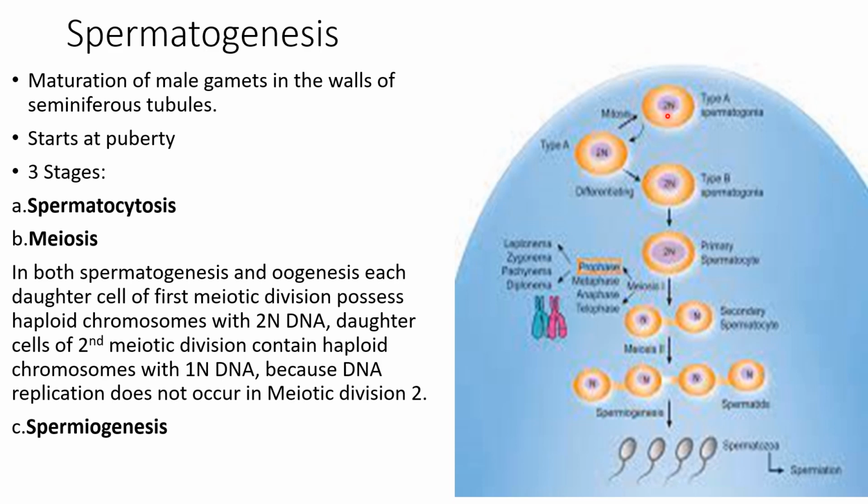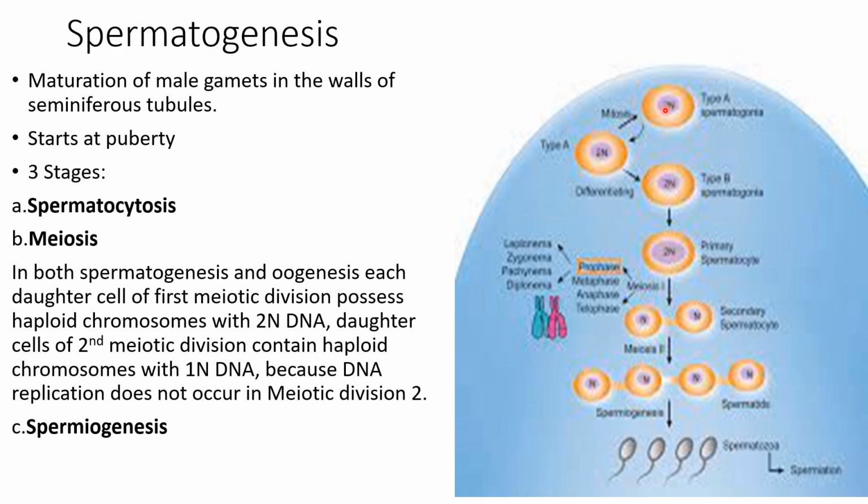The primordial germ cell will reach the testis, undergo mitotic division, and form dark type A spermatogonia. The dark type A spermatogonia are the stem cells, and they will divide to form dark type A and light type A spermatogonia.